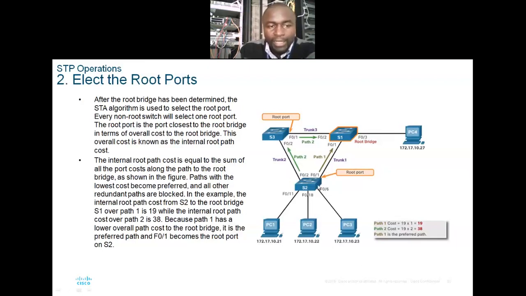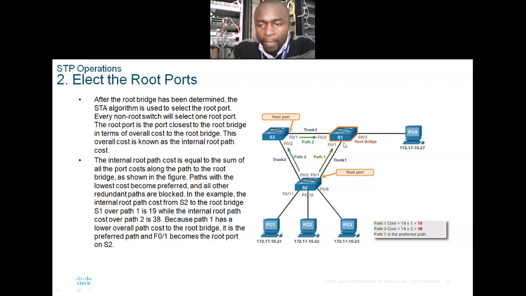The internal root path cost is equal to the sum of all the port costs along the path to the root bridge, like we see here. We have path 1 and path 2. Switch 1 and switch 2, you have path 1 going here.